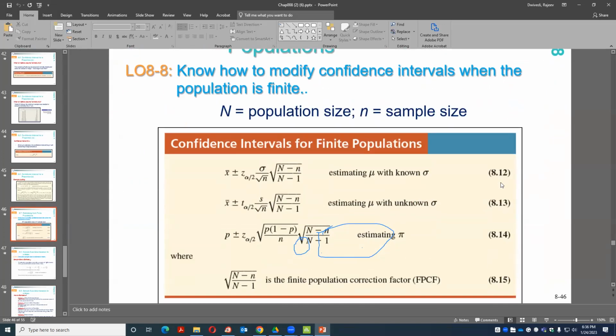Now, a very important question: this part is added when you have a finite population.